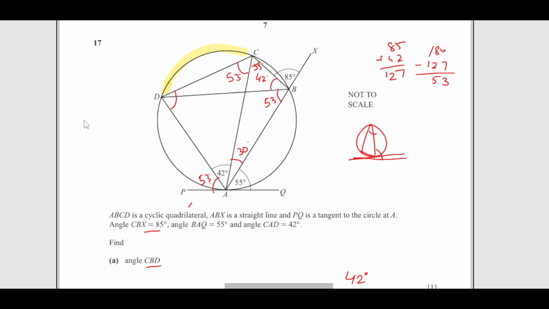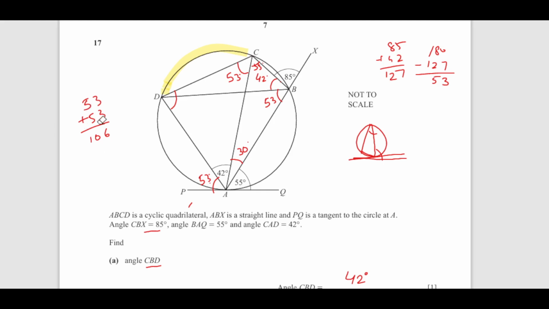So ADC is going to be 53 plus 53, 106. Then we are going to subtract it from 180, and sorry, no, this is not 53. Let me just rub it out. We are looking for the angles inside the triangle.